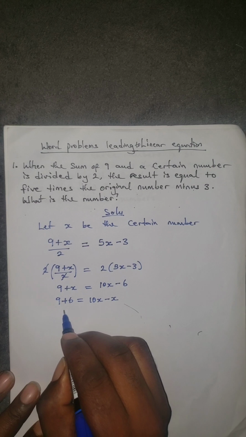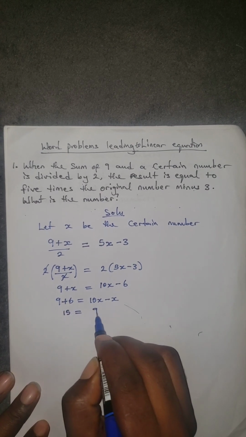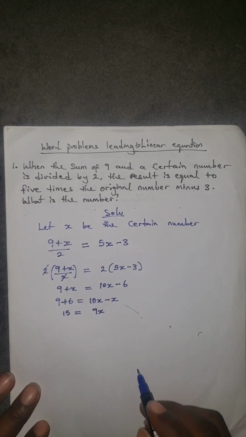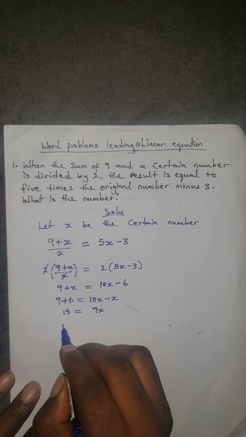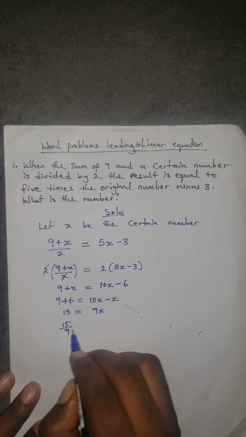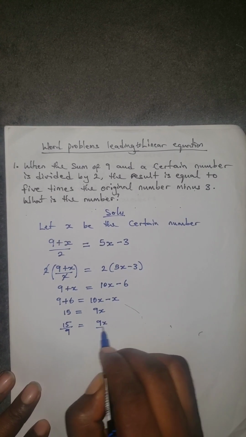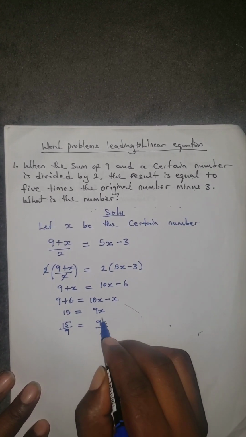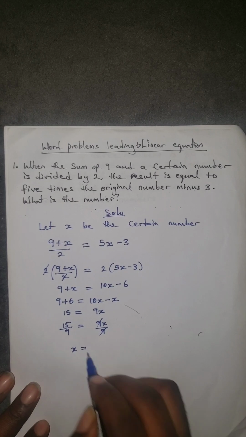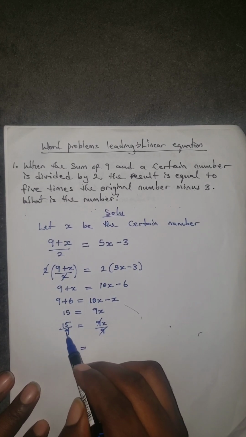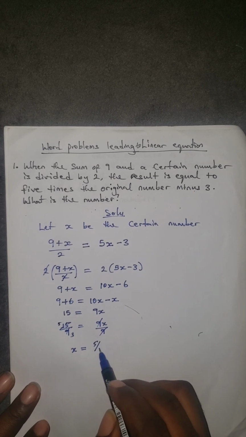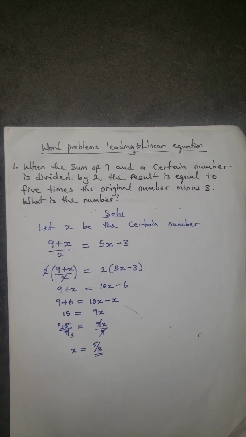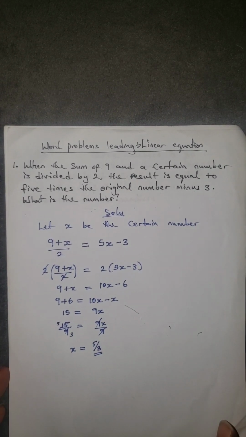So this will give me 15 equals 9x. So I need to divide both sides by 9 so that I can get the value of x. So 15 over 9 equals 9x over 9. Now we cancel 9 here, I have only x there. Then 3 here, 3, 3 here, 5. So that will give me 5 over 3. So you can see how simply we have solved that problem.